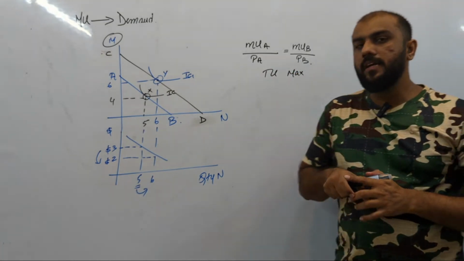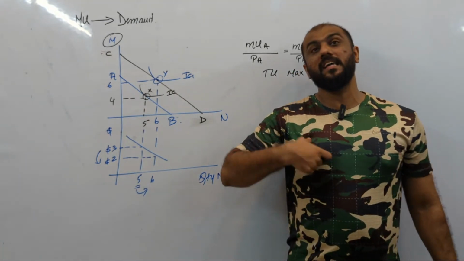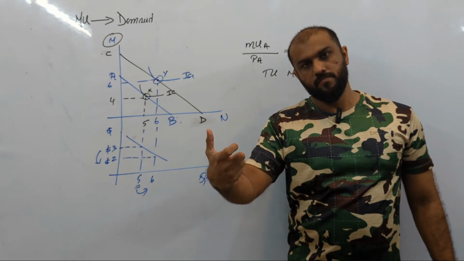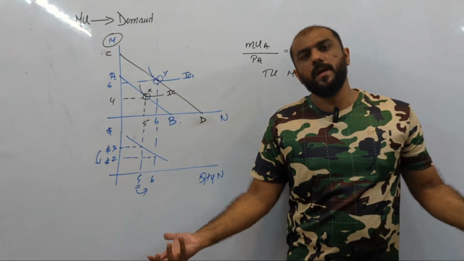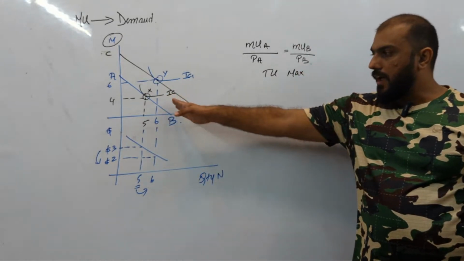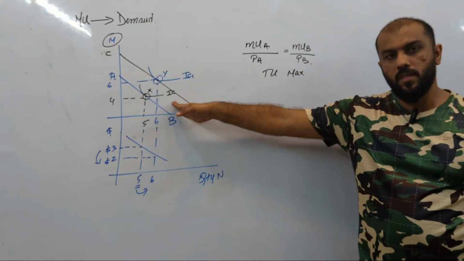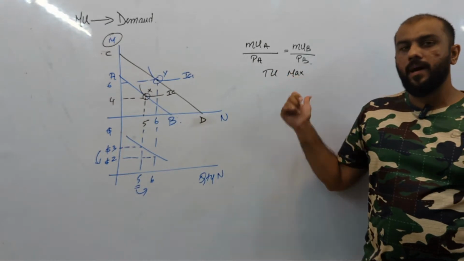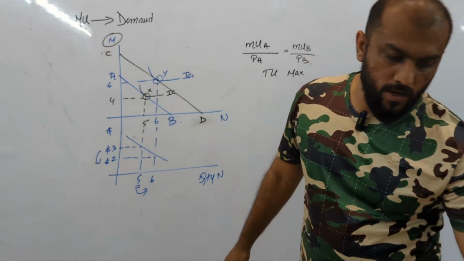So if I'm getting the greatest satisfaction, I would not change my consumption. Hence, there is no tendency to change. This is a graphical method to show the equilibrium, and this is a numerical way to show the consumer equilibrium.